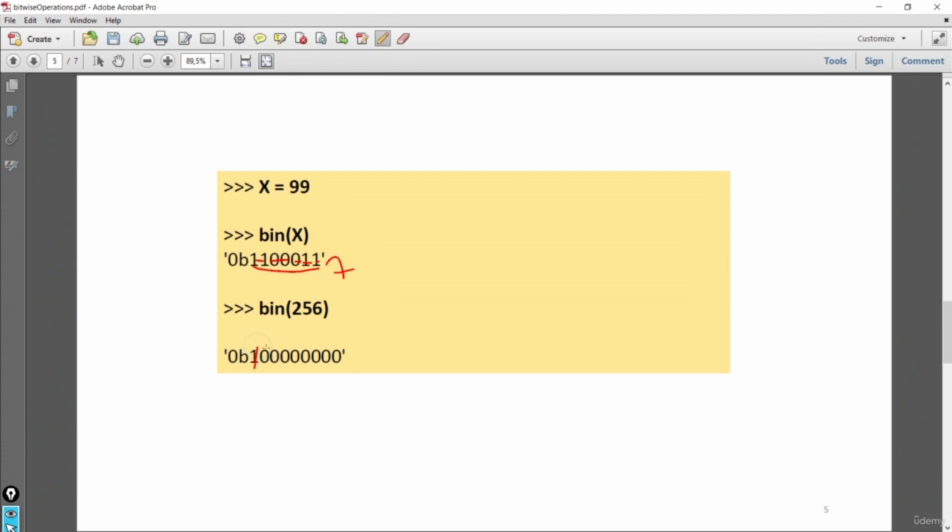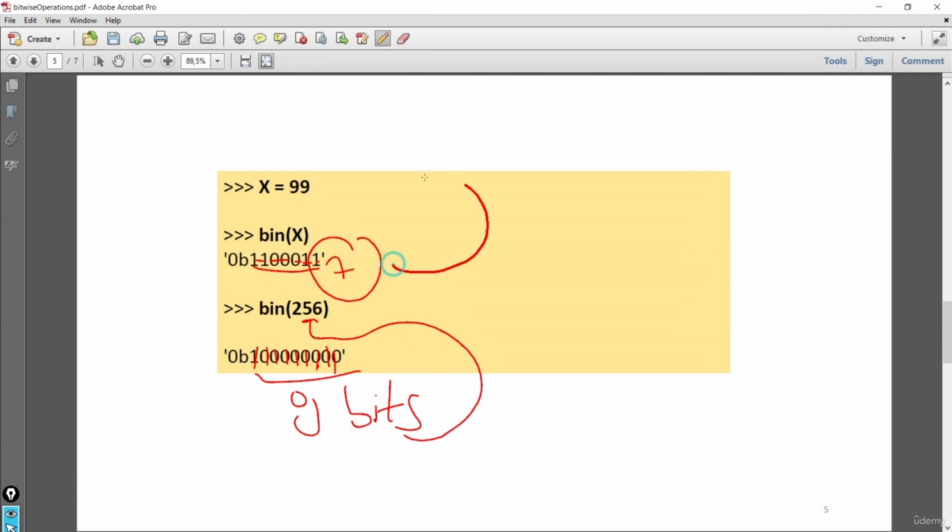Here 1, 2, 3, 4, 5, 6, 7, 8, 9 bits. So 9 bits are required to represent 256, and 7 bits are needed to represent 99.